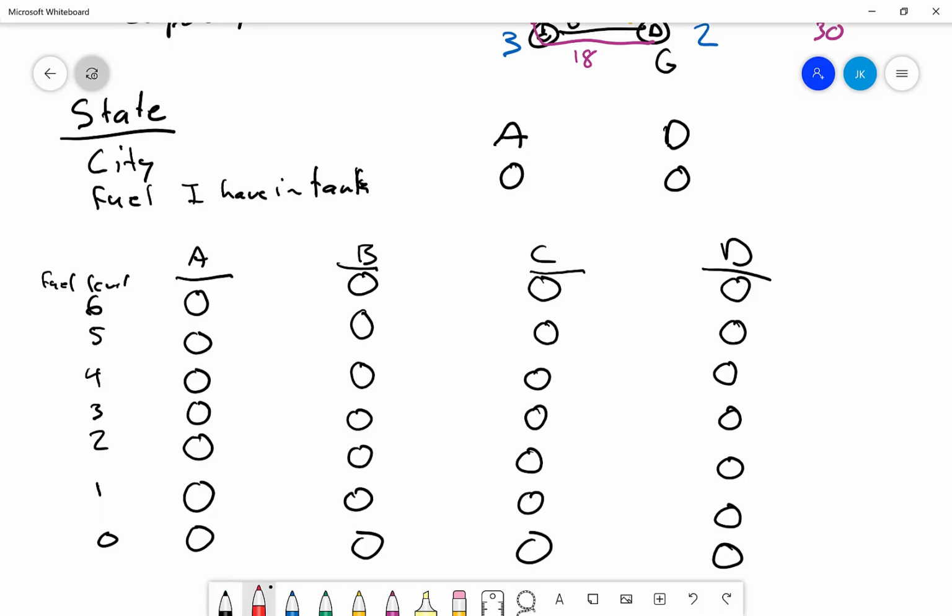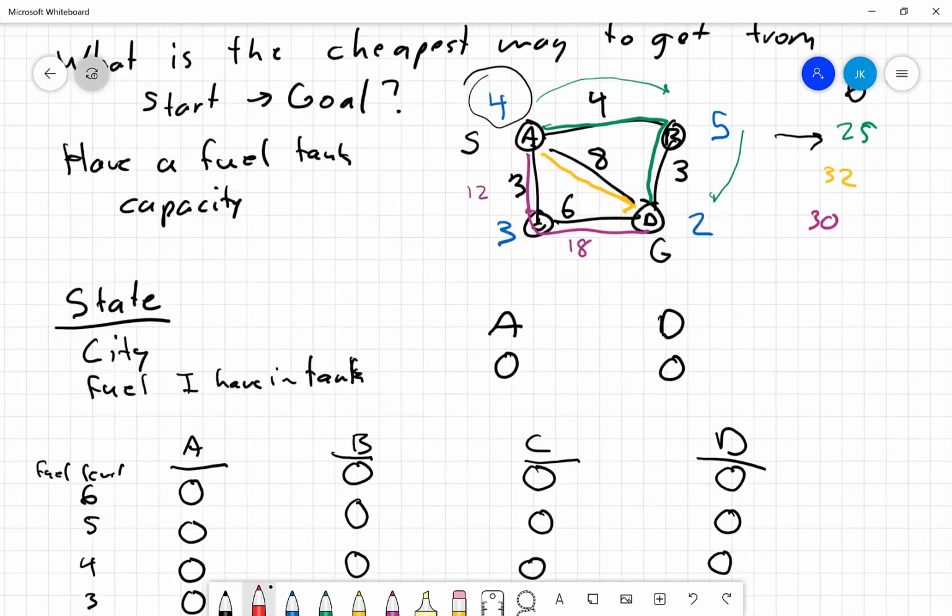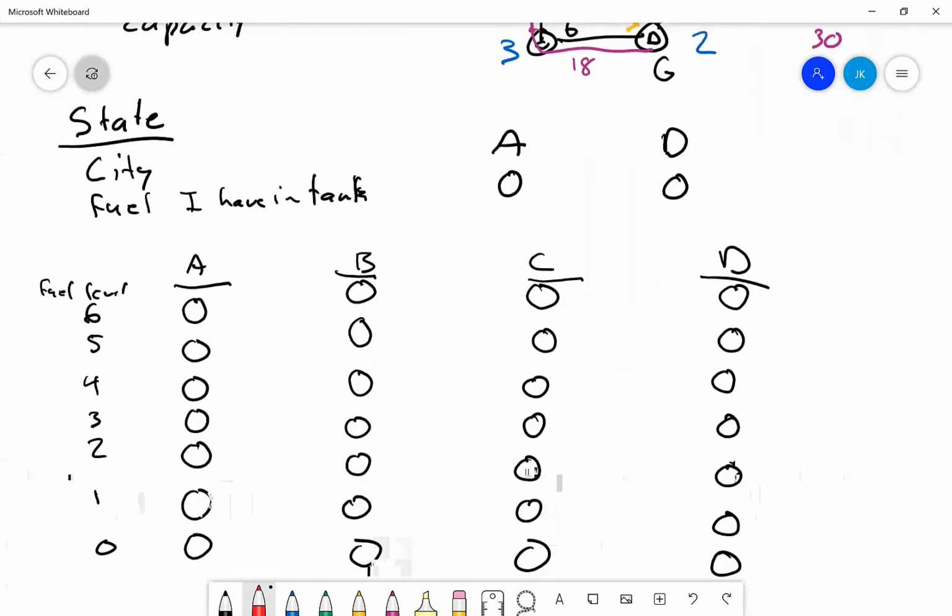So if I go up here, my fuel at node A costs 4. If I put edges like that, okay, I have edges like that they go up. What is the weight per edge? What does it take for me to go from 0 gallons to 1 gallon? Yeah, the cost. So in this case, that was 4. Okay, so for A, this is 4.